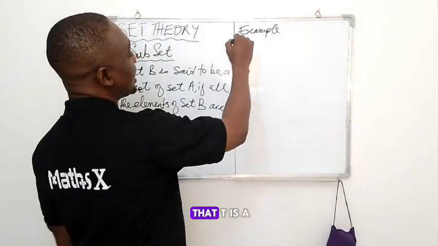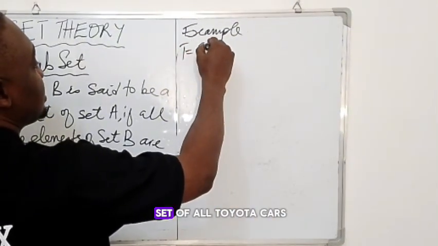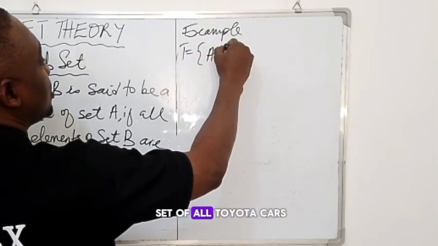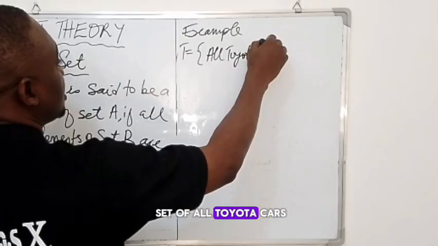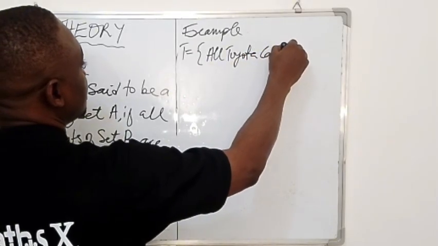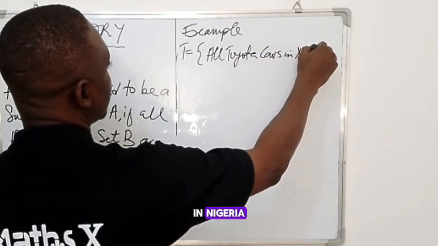We've used it before, that T is a set of all Toyota cars in Nigeria.